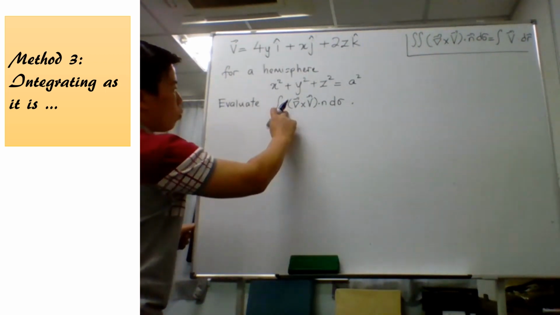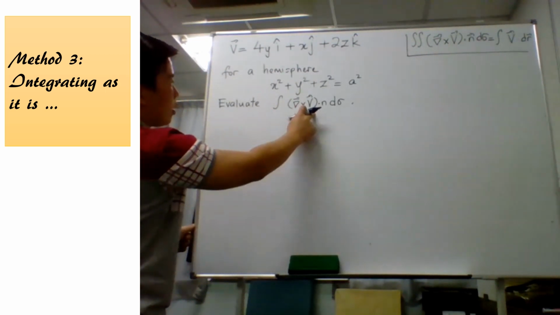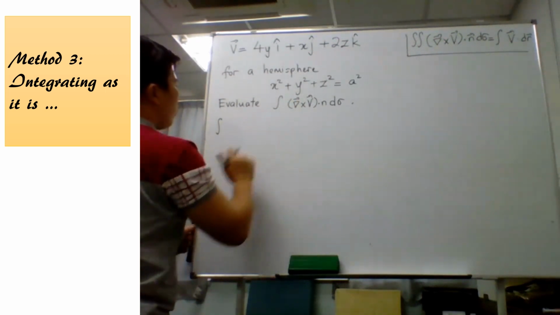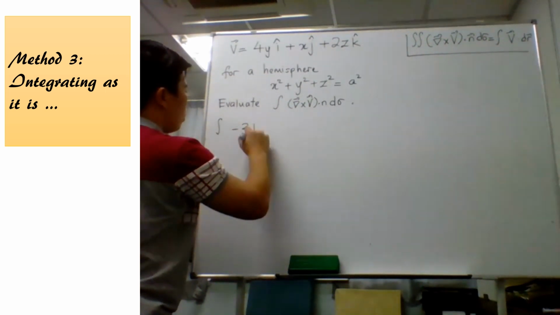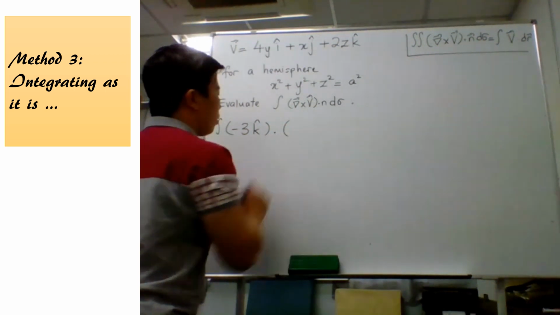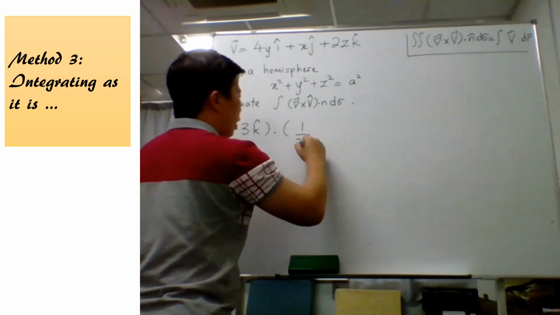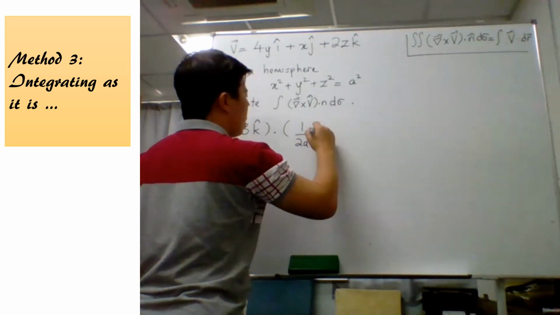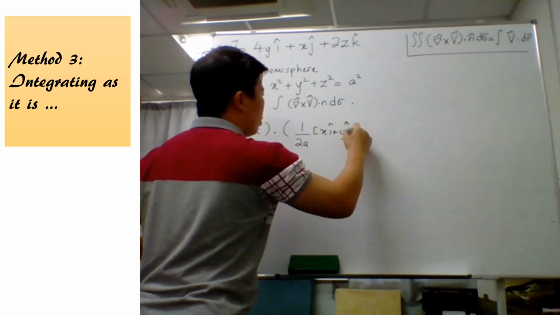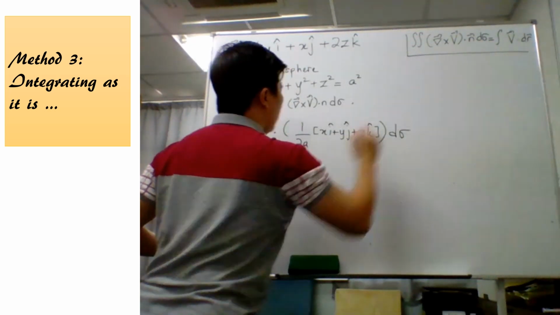If you remember what we did just now in the first slide, we looked at this expression and found that the curl of v in this case is equal to negative 3k, and you want to take a dot product with the n that we found just now, which was 1 over 2a times xi plus yj plus zk, integrated over sigma.